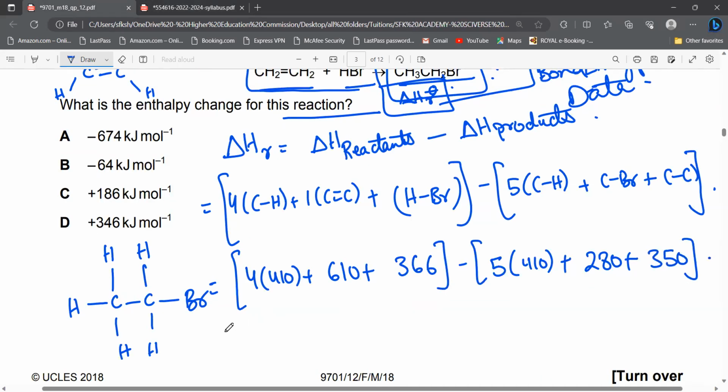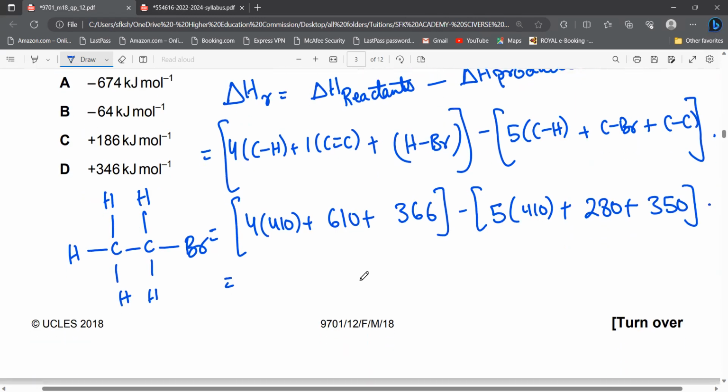Now plug all of this into the calculator and get the answer. So 4 times 410 added to 610 added to 366. That's 2616 on this side, minus 5 times 410 added to 280 added to 350, so 2680.